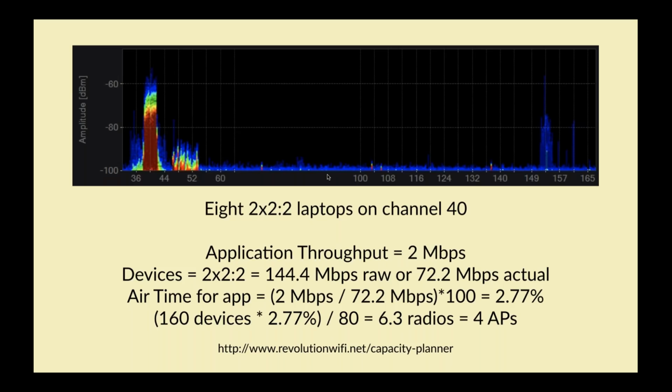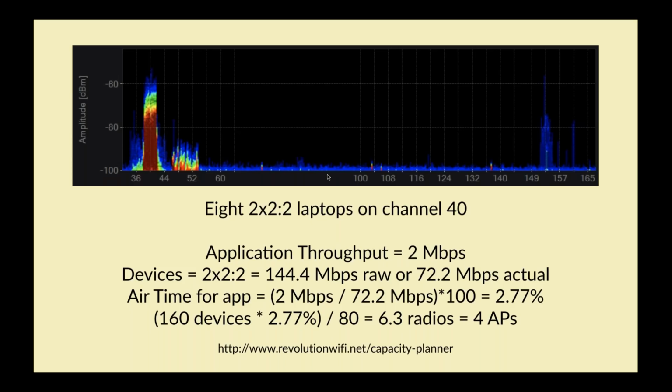That's the raw rate, but in actuality it's probably half that, so 72.2 megabits per second, because Wi-Fi is half duplex. To determine the airtime for that application, you take the 2 megabits per second, divide that by 72.2, and multiply by 100 to get the percentage. That application is going to take about 2.77% of the airtime.